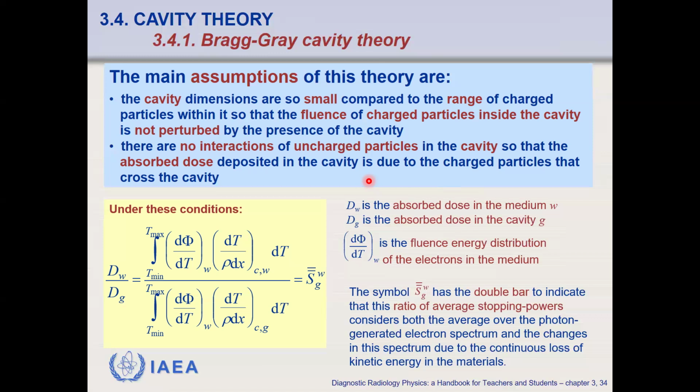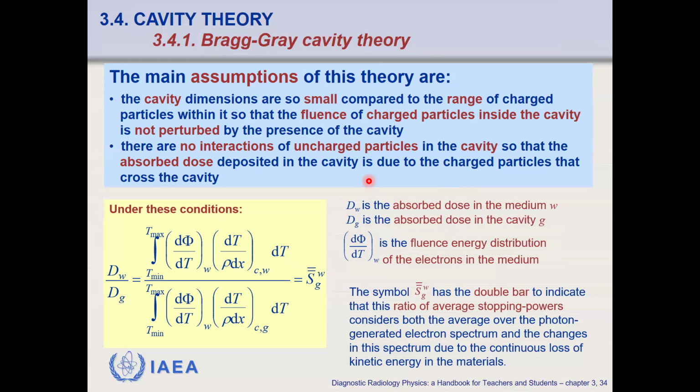So this simplification allows for a clearer focus on the contributions of charged particles to the absorbed dose within the cavity, without the complexity introduced by interactions involving uncharged particles.